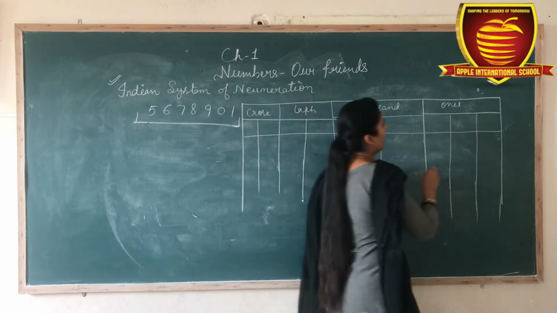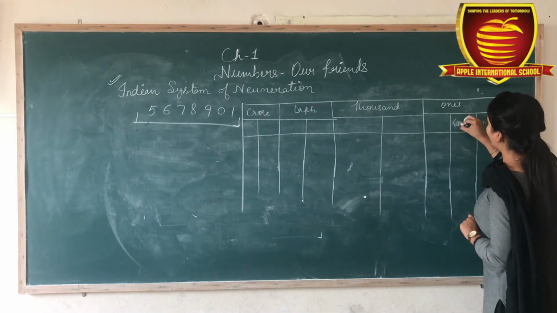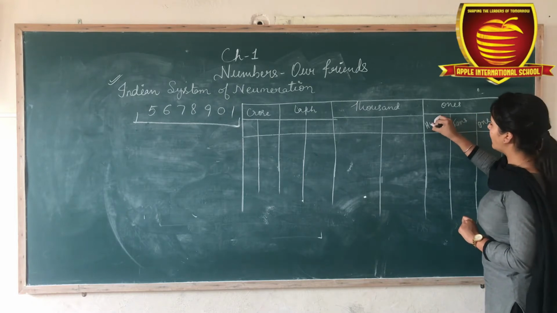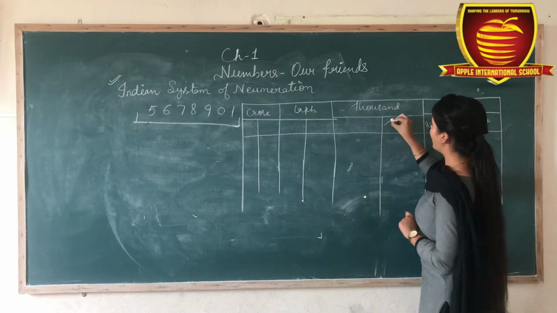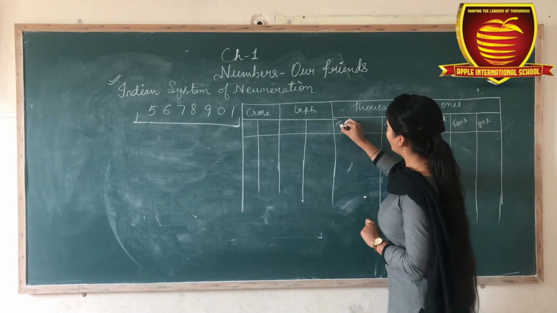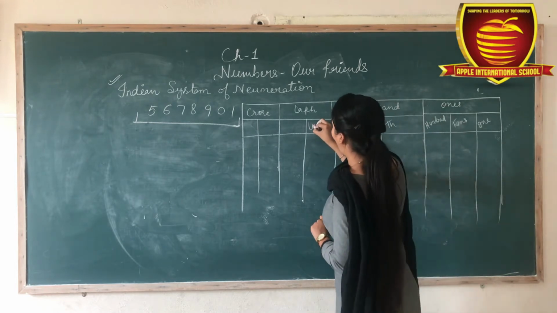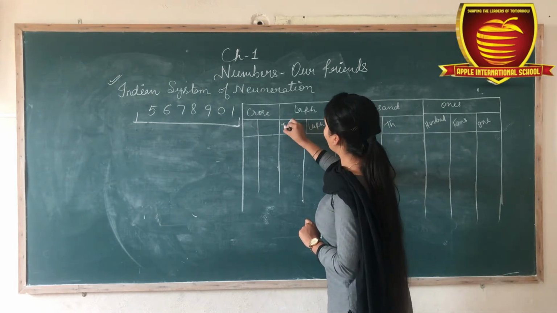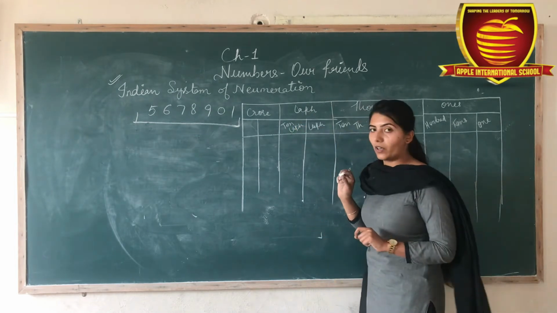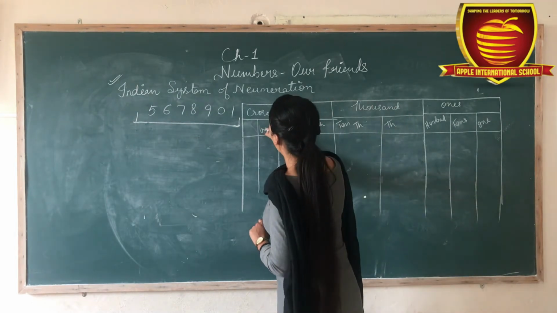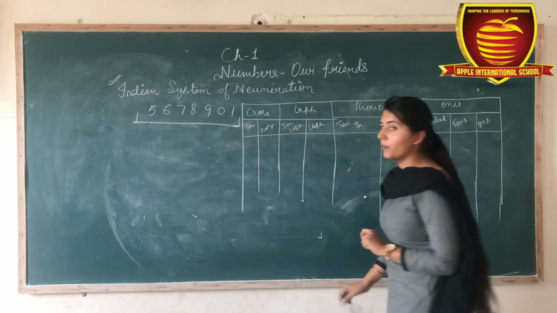Here we can write 1, tens, 100. Next, 1000, 10,000. Here lakh, 10 lakh. Next crore, 10 crore.